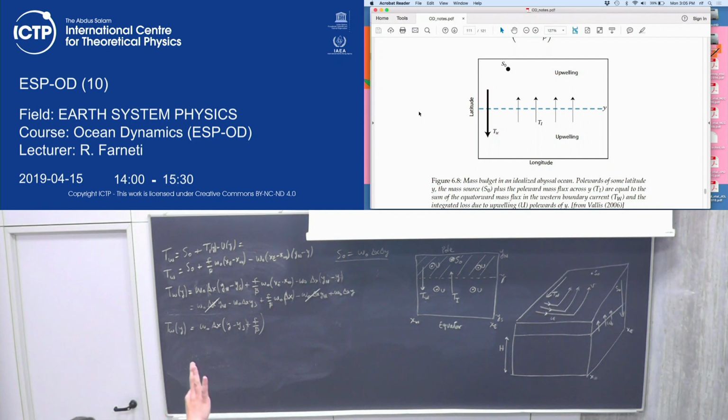Then you have an interior transport, bringing mass back to north of that latitude y, and we have a return boundary transport to the west. So we had the expression for the injection, we had the expression for the interior transport, and now we have an expression for the western transport. Okay? And we are conserving mass.